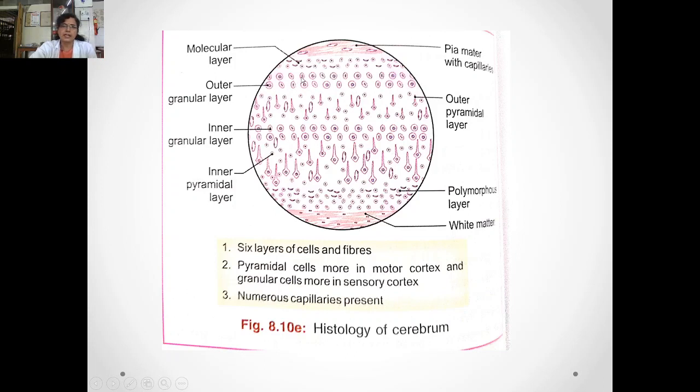So motor areas are structurally called agranular. Agranular means granular cells are present in minimum amount and pyramidal cells in large amount. And in the case of sensory areas, it is called granular cortex, in which the outer and inner granular cell layers are thicker and the pyramidal cell layers are thin.